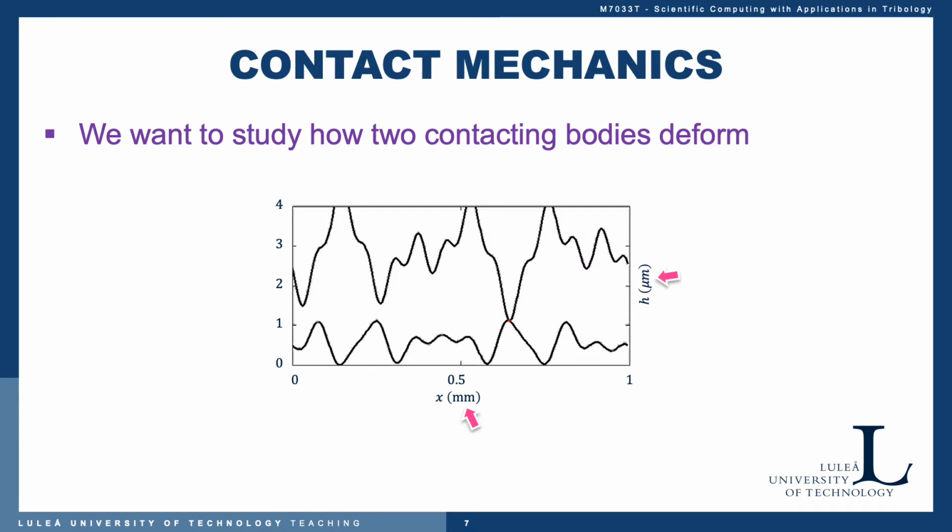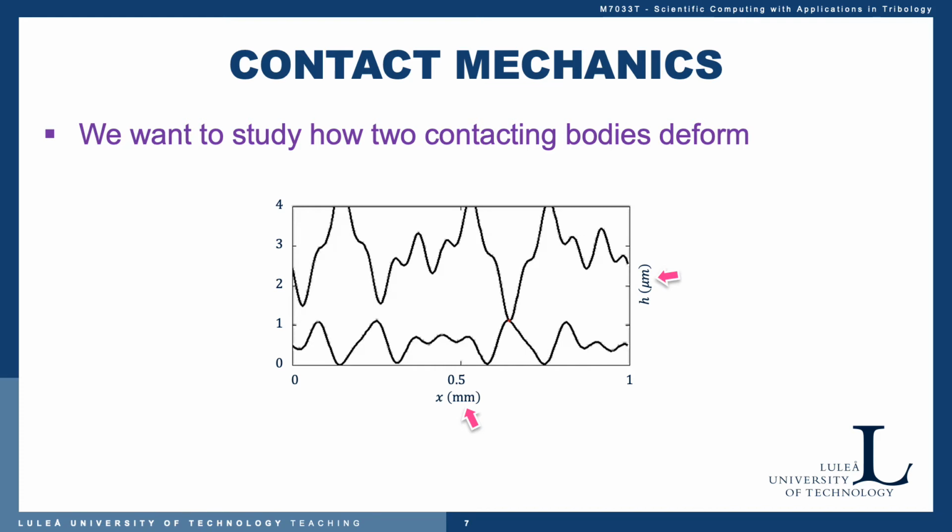What we should also pay attention to in this picture is the scale. We can clearly see there's a 1,000 times magnification on the y-axis, which is in micrometer, while the x-axis is in millimeter. This is necessary for us to be able to see what the surface looks like.